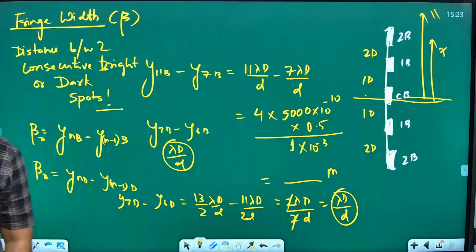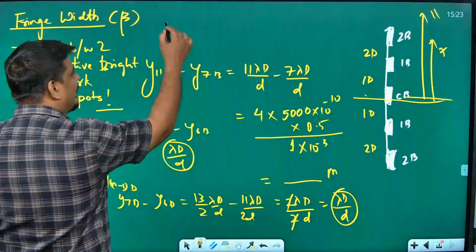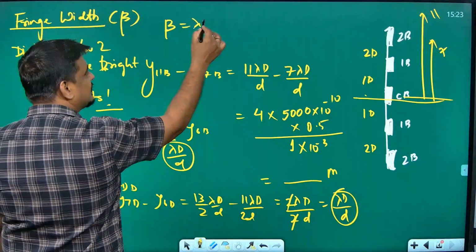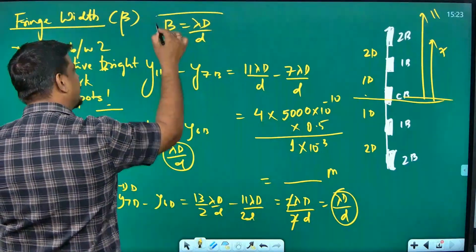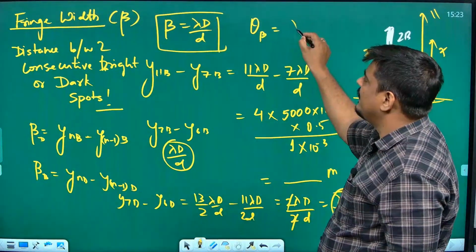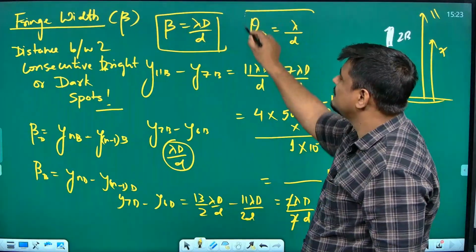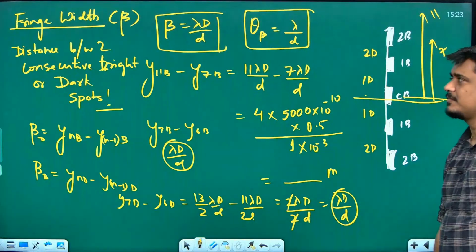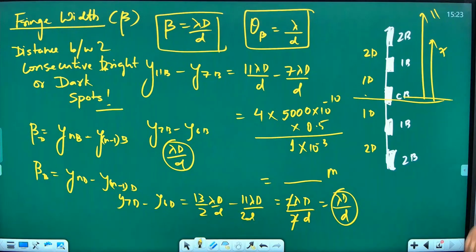It means lambda D by d is the formula of fringe width. Are you understanding? Whenever they ask you to find the fringe width, the answer is lambda D by d. If they ask you to find angular fringe width, it will be lambda by d. Angular means you will remove that capital D, nothing else.